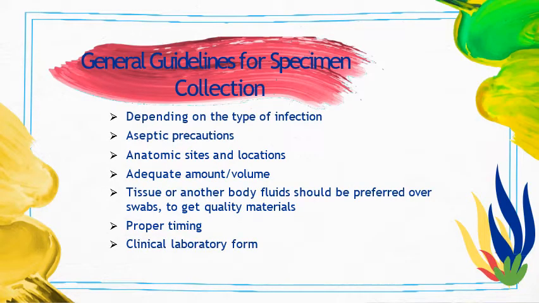Now, the general guidelines for specimen collection depend on the type of infection. You have the aseptic precautions, the anatomic sites and locations where you can get your samples, and the adequate amount or volume of sample that you will take, the tissue or other body fluids over your swabs, and quality products that will be used in order to collect your samples, proper timing, as I have said in the introduction, and your clinical laboratory forms.